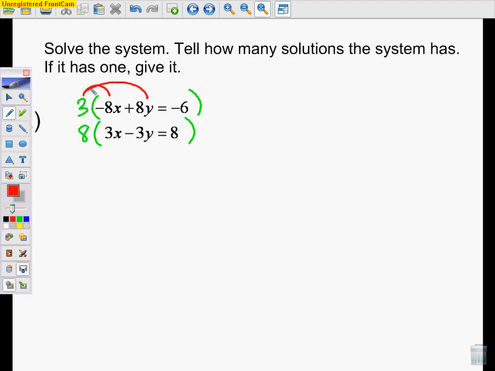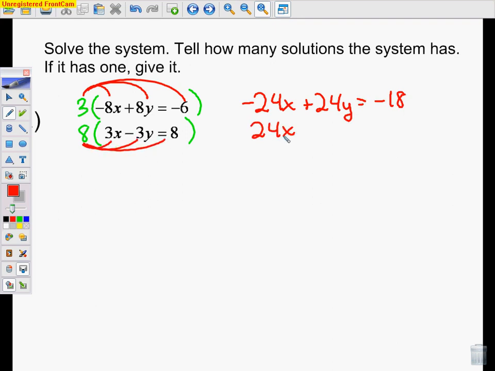When I distribute the 3 into the top equation, I have negative 24x plus 24y equals negative 18. And on the bottom, I get positive 24x minus 24y equals 64. Notice now we have something that cancels out. When I add down, the x's cancel, the y's also cancel.